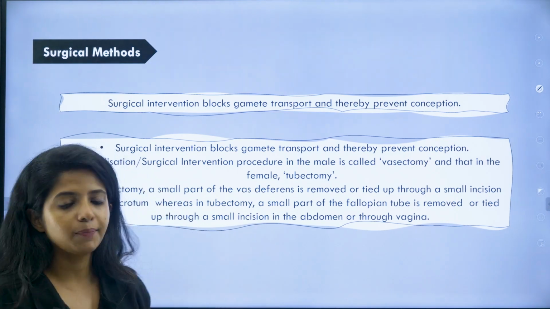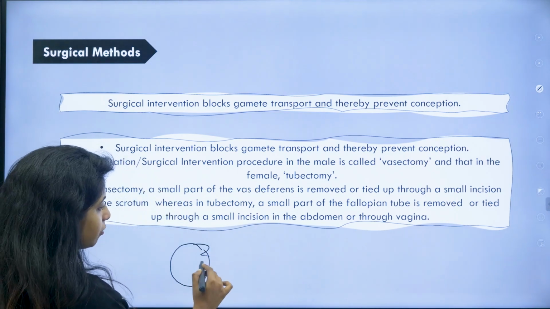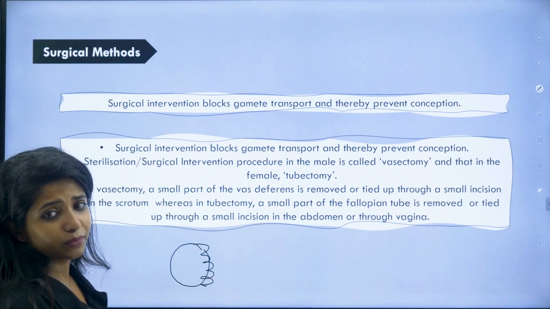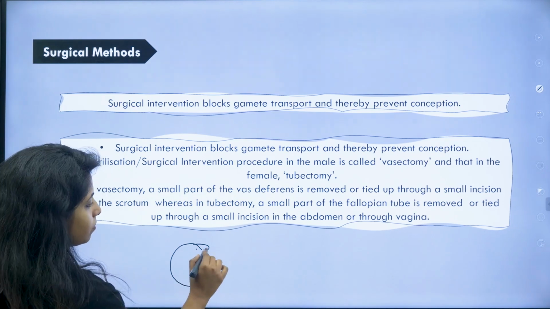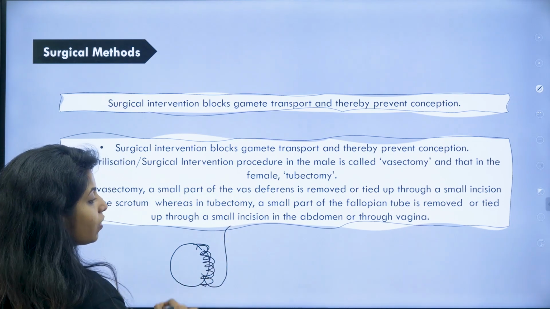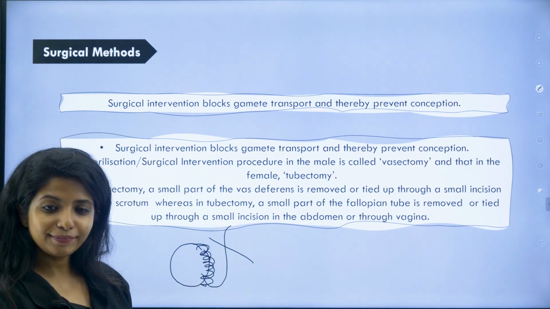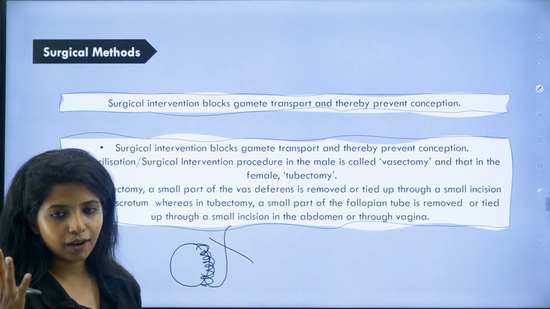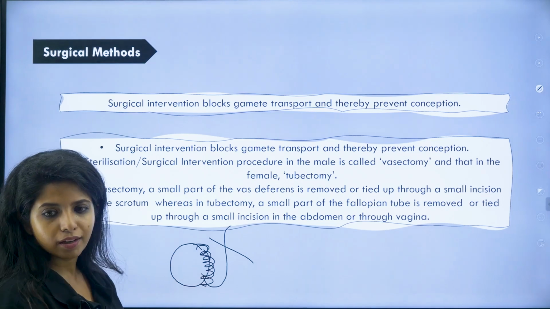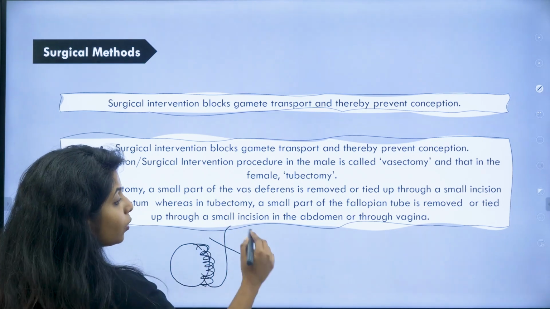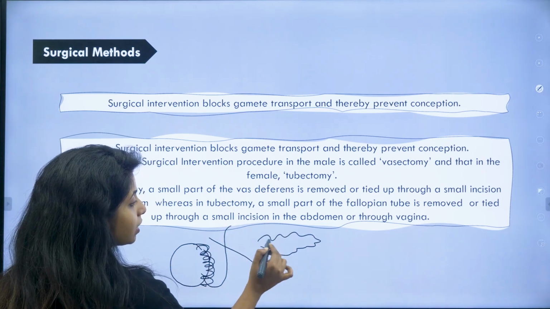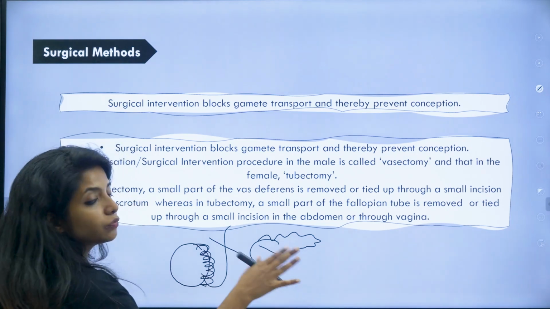Basically the testis, as I said, will be producing what? Sperms, and sperm goes to the epididymis. From here it goes to the vas deferens. Now if you cut the vas deferens, will the sperm go ahead? No. Will it affect your body? No. Sperm is still being produced. If you see the seminal vesicle, it will still be producing its fluid and everything.